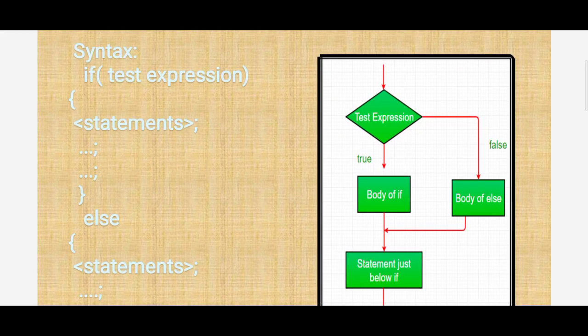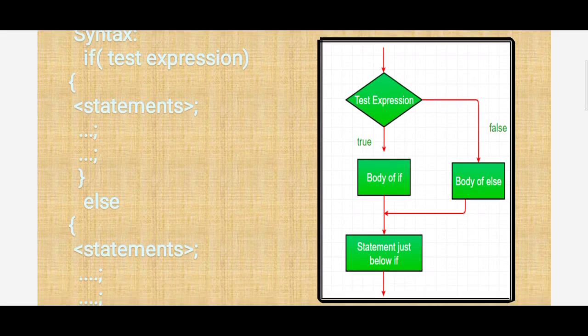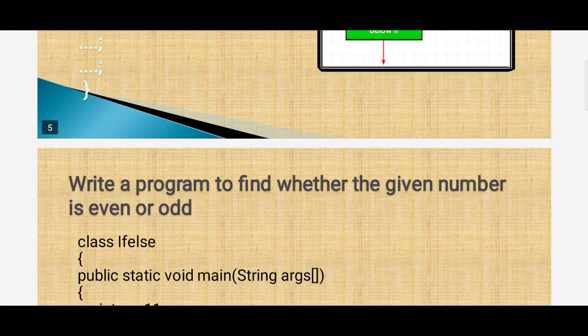Next one is the if else statement. If else means we have statements in the if part, and in the else part we also have statements. If the if condition is true, the first statement executes; otherwise, in the else part, the second statements are executed.